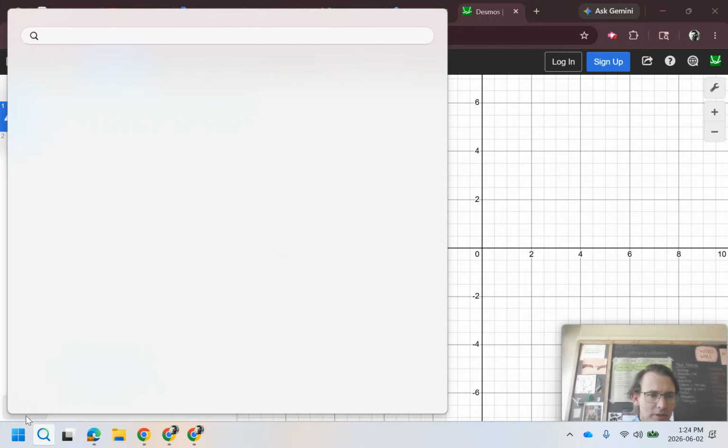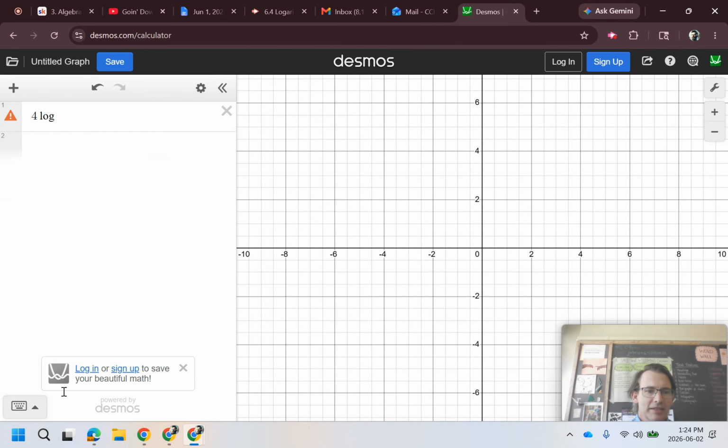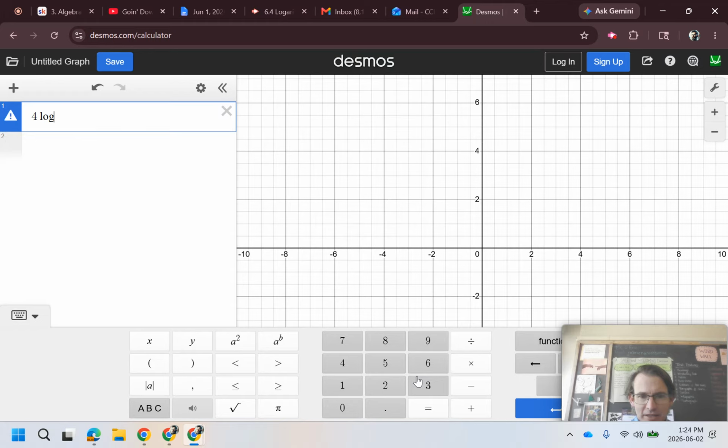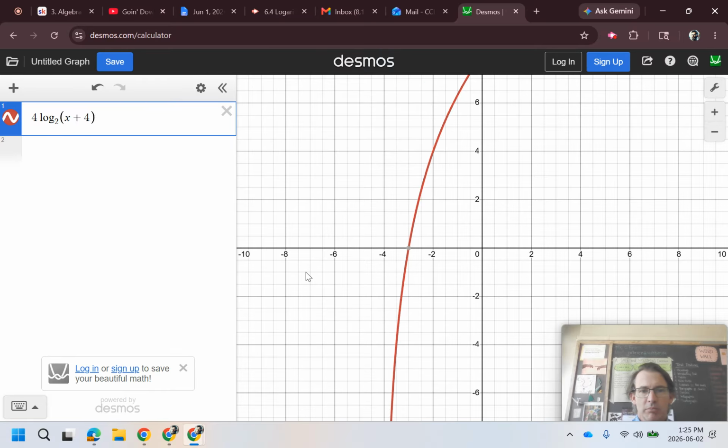Oops. Oh, this is fun, eh? The ultimate lesson, he says. If you type like an underline, it'll run the subscript. Oh, yeah? Oh, yeah, you're good. Thanks. It's 4 log base 2 of bracket x plus 4. There. Excellent. Thank you for saving me all of that embarrassment.